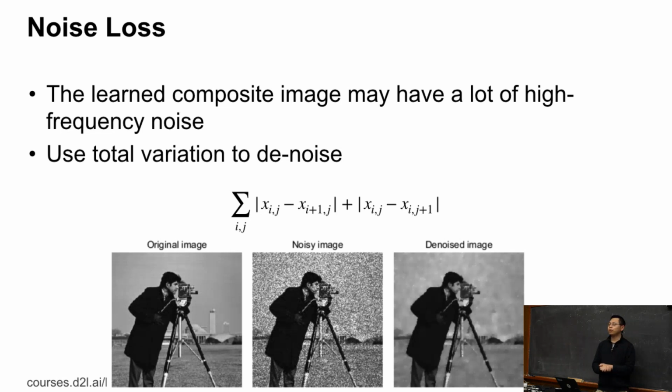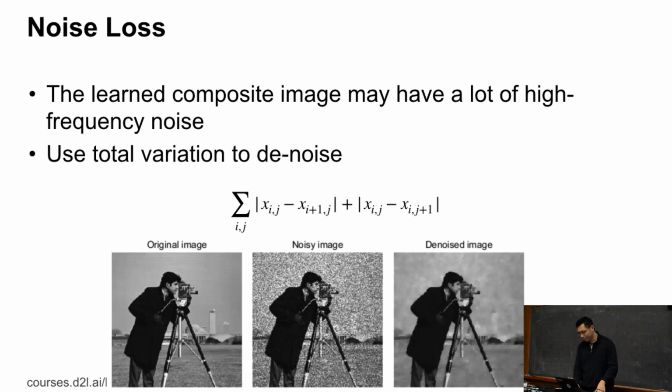Basically, this loss makes each pixel very close to its neighboring pixels. For example, if the original image has a bunch of noise added, denoising smooths all these pixels together. You can think of it as removing high frequency noise, smoothing everything.